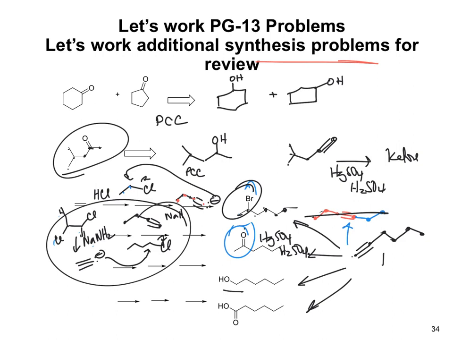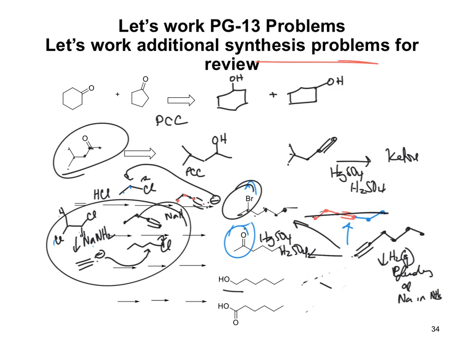So you could use Lindlar's catalyst. Or you could do the other one, sodium in liquid ammonia, because it won't matter since you don't have cis-trans isomerization. So you could get an alkene.